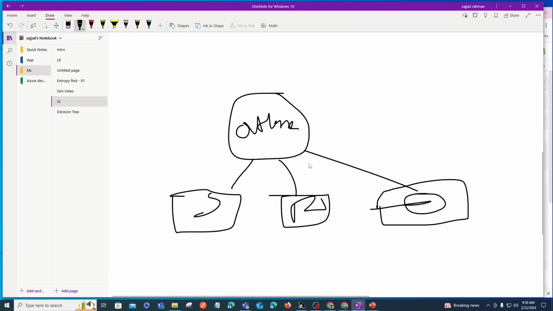Now we want to calculate how many are sunny: 1, 2, 3, 4, and here 1, so there are 5 sunny. We give 5 as the total number, but alongside we have to calculate when it is sunny.